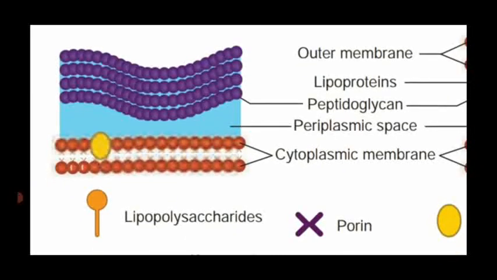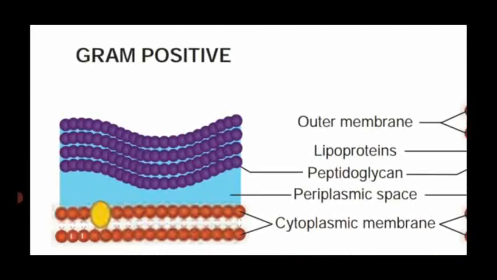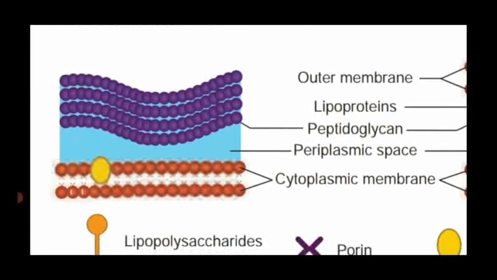The symbol is given here. Orange color, ball shaped with a small stalk portion is called lipopolysaccharide present in gram-negative bacteria. Then the symbol is a special type of protein present in the cell wall called porin. Then another one, oval shaped structure which is yellow in color is named as protein. The protein is present in the gram-positive bacteria. So outer membrane is absent.